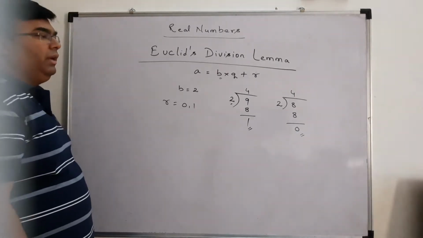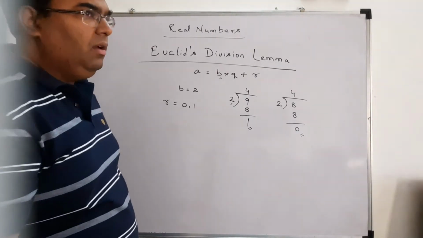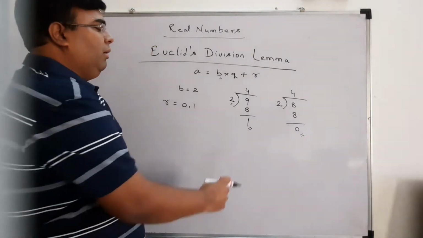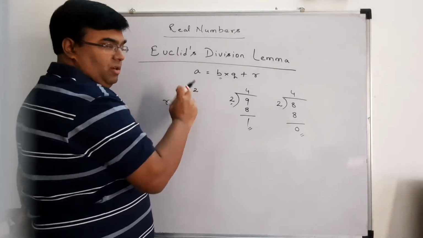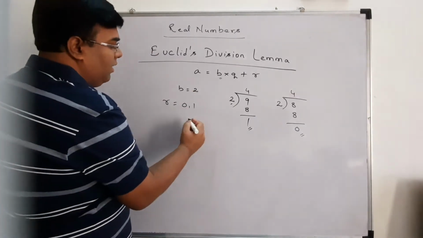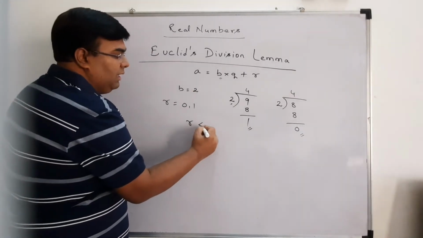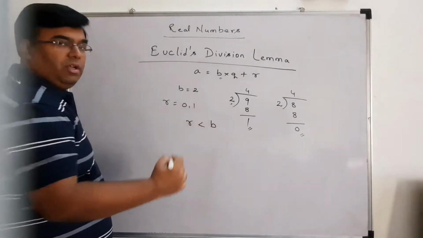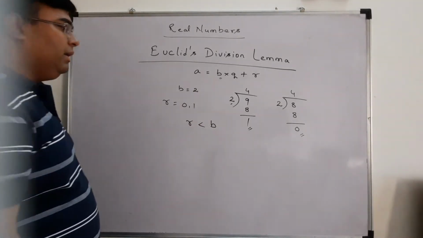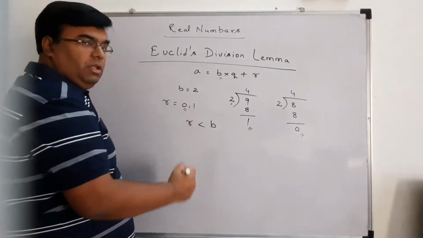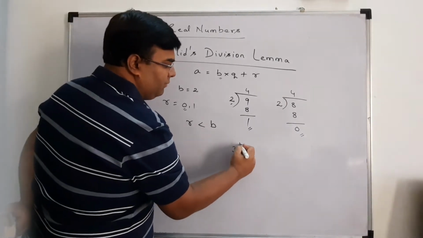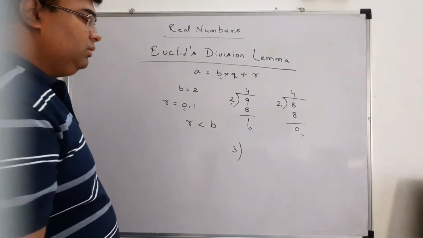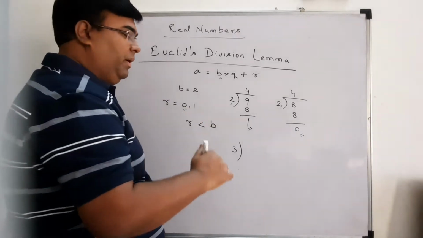So in division we generally find that the remainder is always less than the divisor. The remainder R is always less than the divisor, and it starts from 0. You can take another number also. Suppose we take 3. So there should be 3 remainders.